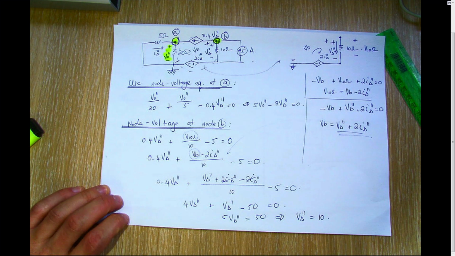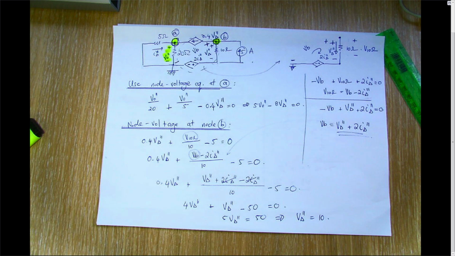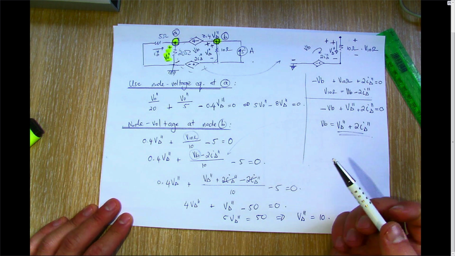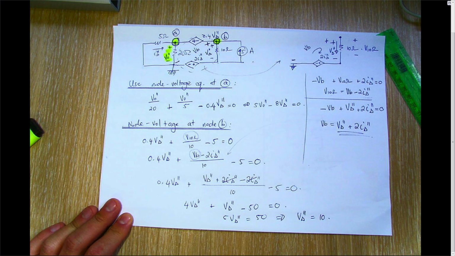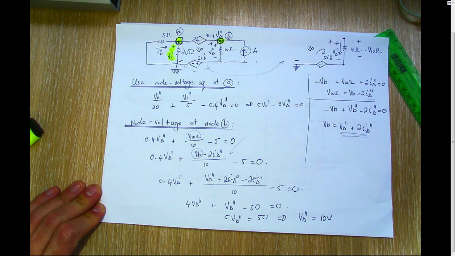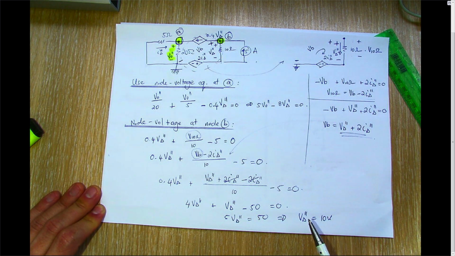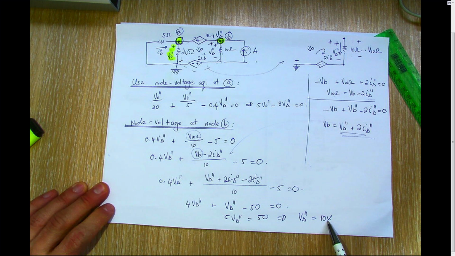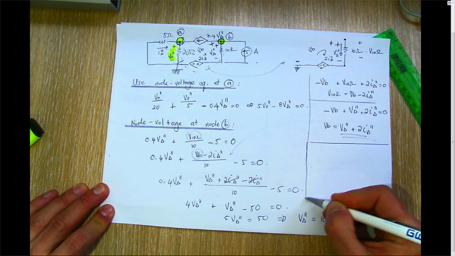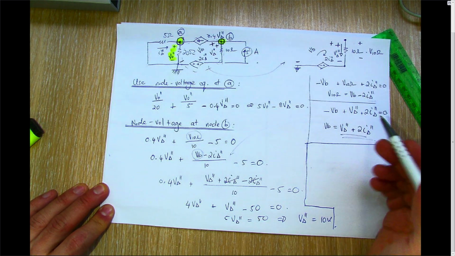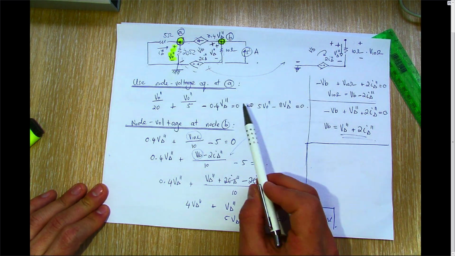Okay, now from that, I've got V delta is equal to 10. From that, I can also now calculate the value of I delta. Okay, so as I was saying, I've got my value for V delta double prime is equal to 10 volt. Let's make some space over here. Okay, so what we've got now is this equation.